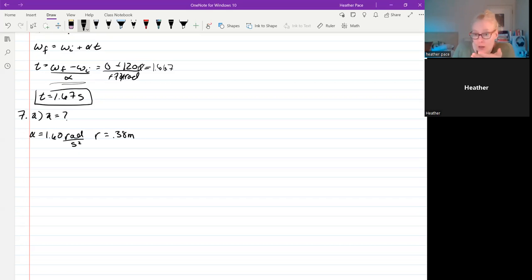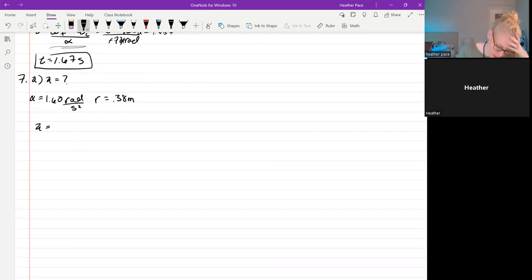What is the bicycle's linear acceleration? Okay, our book gives us an equation. Linear acceleration equals R times alpha. That's simple enough. We're just going to plug in values. We've got R is 0.38 meters times 1.60 radians per second squared.